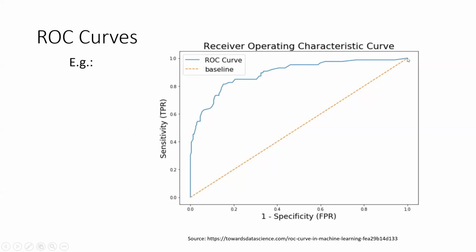So the accuracy: there can be different curves you can draw depending on your machine learning model. The area under this curve is a measure of the accuracy, right?